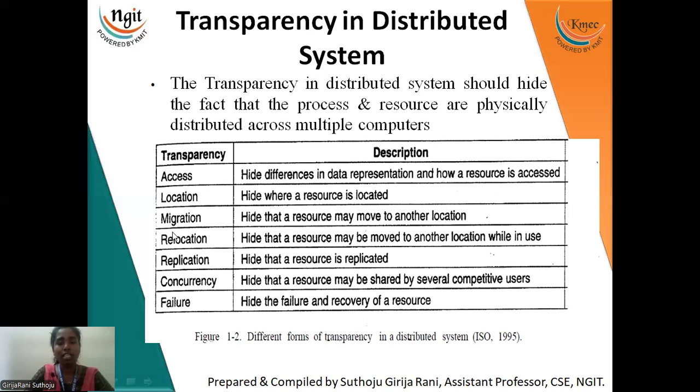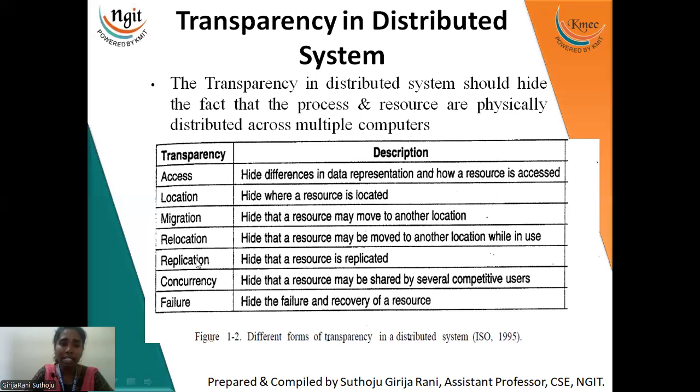Migration is the movement of the resources, which should be hidden from the users. Relocation and migration look the same, but relocation happens at the time the application is in use, so it is relocation of the resources at the time of use.